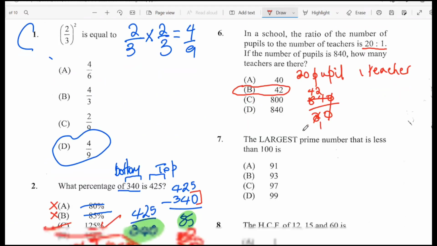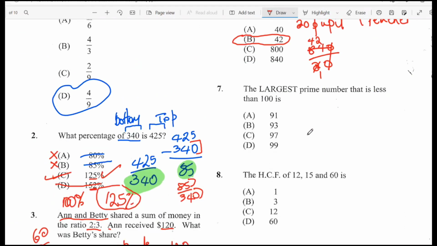The largest prime number that is less than 100. So this is just something that you're going to remember. Remember, the idea of a prime number is that it has only two factors, 1 and itself. 91 is not a prime because a lot of numbers can go into 91. 13 can, 7 can. 93, you're seeing it's not a prime. 3 can, 9 can, 1 can. 99 is not a prime either.